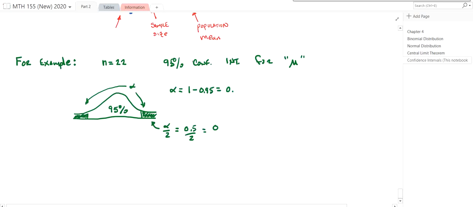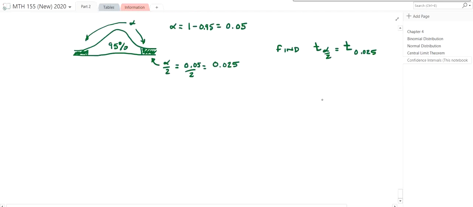You probably noticed that I wrote 0.5 earlier, and you were screaming at the screen. It's actually 0.05, 5% is left over. So this will be 0.025, which is half of that. So we need to find t alpha over 2, or t of 0.025. And I'm going to stop this video and pick up in the next video and show you how to do that.